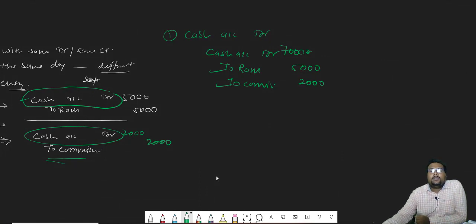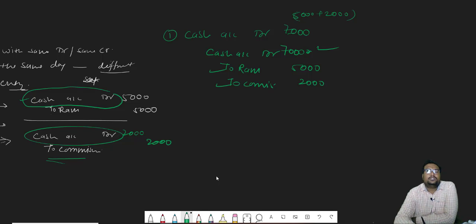Now, how can we pass the compound entry? See, on a similar date with a similar nature, two transactions are there. In both transactions, cash is common. So we will write cash one time and write the total of all the cash: 5,000 plus 2,000, total is 7,000.